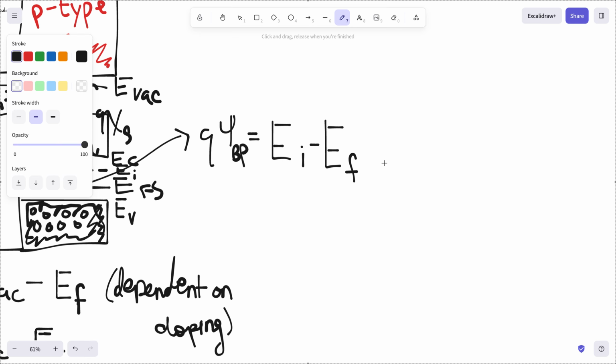If you've studied semiconductors before, you know that this is a known quantity. It equals Boltzmann's constant times temperature times the natural log of, in this case, p over n sub i.